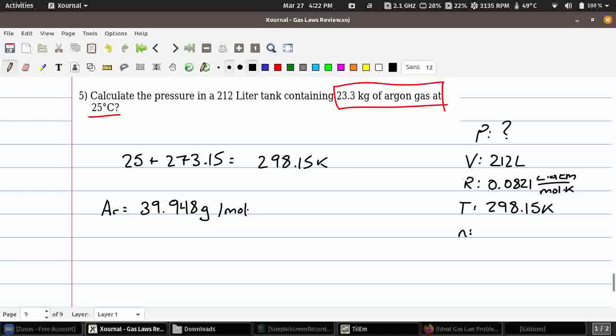Okay, so we need to convert 23.3 kilograms to grams. So 23.3 kilograms of Ar times 1,000 grams over 1 kilogram equals, just moving the decimal place, 23,300 grams. So we have a large amount that we have to convert to moles now.